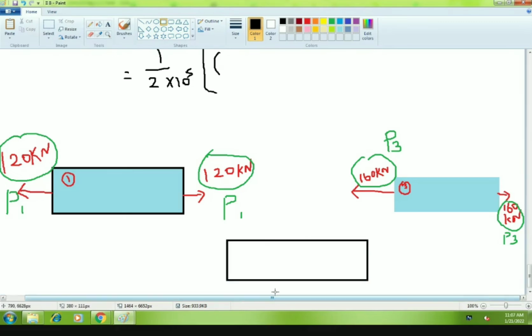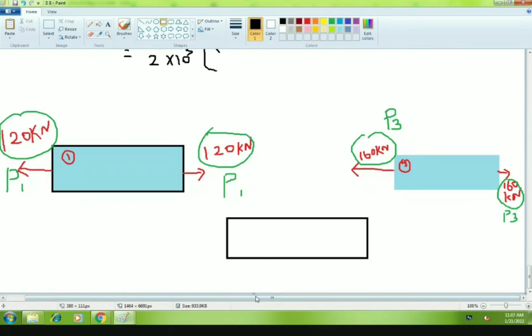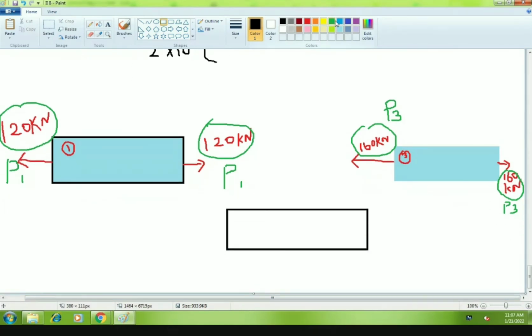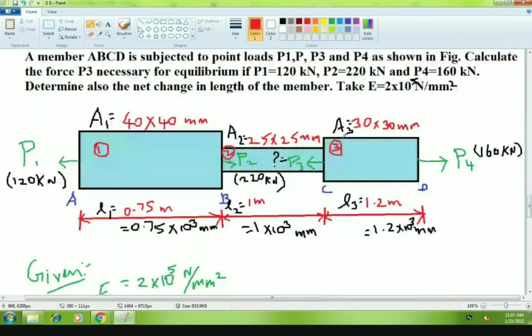Second component I can draw. Okay, fine. So understand the logic properly now. Carefully we have to solve. Listen properly. I am talking only about the second component.